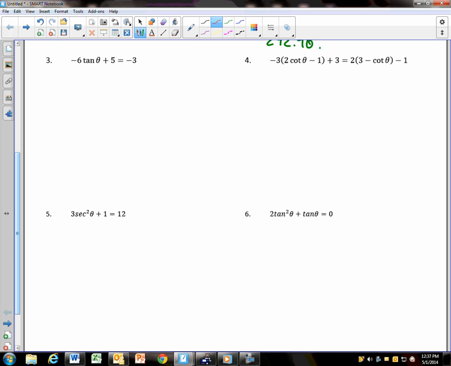We try. All right. Number 4. What's different about 4? Yeah, there's cotangents on both sides. Let's just distribute: -6 cotangent of theta plus 3 equals 6 minus 2 cotangent of theta minus 1.